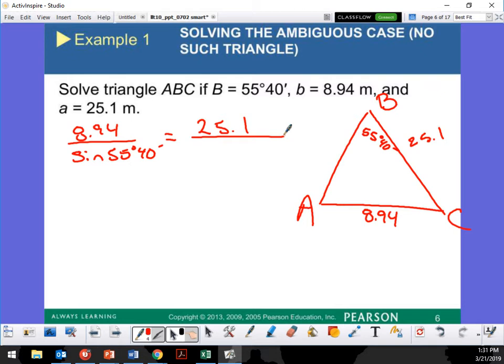Big A, right? Sine A. Sine of A. That is important. Label it like you're supposed to, because big letters are the angles, little letters are your sides, right? Super important.